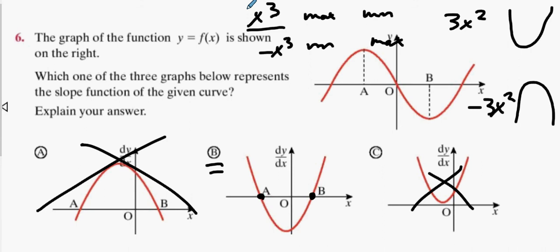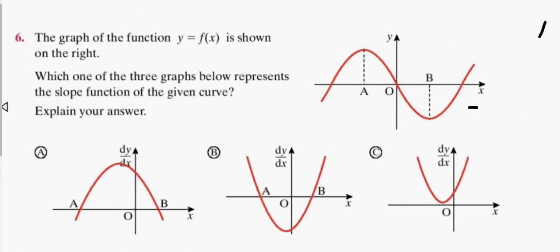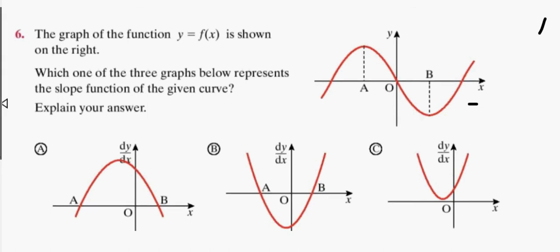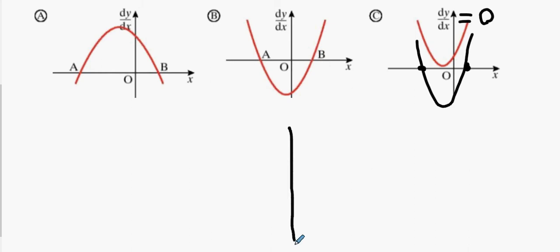Now, just while we're at it, does anybody know what a graph of C would look like? C being the derivative. How do I know C has no turning points? Because dy/dx never equals 0. It has to cross the axis for dy/dx to equal 0. So this means that its sketch will probably be one that's always increasing.